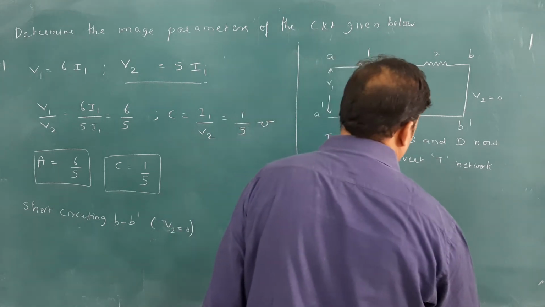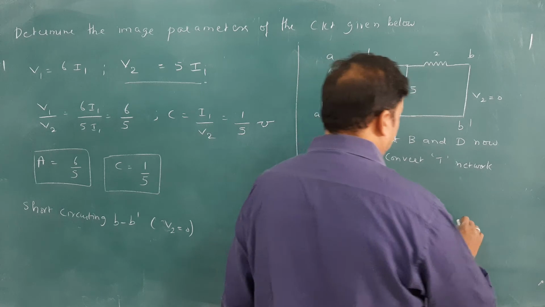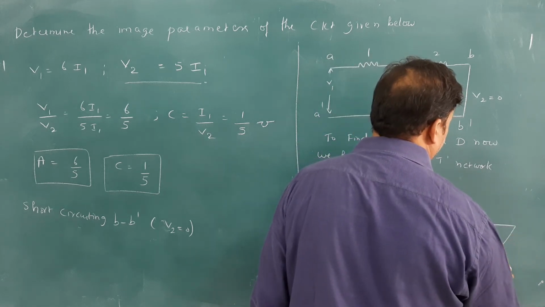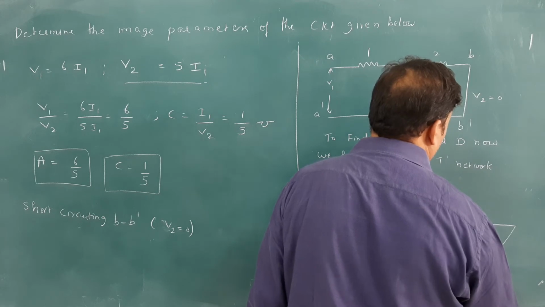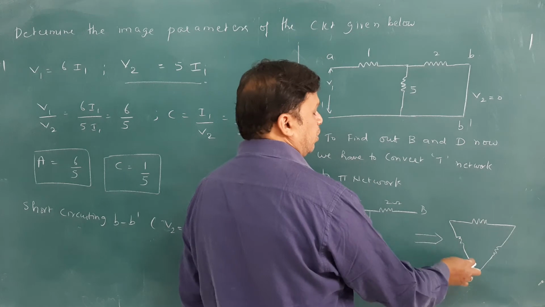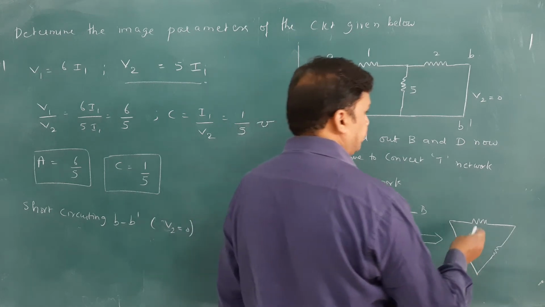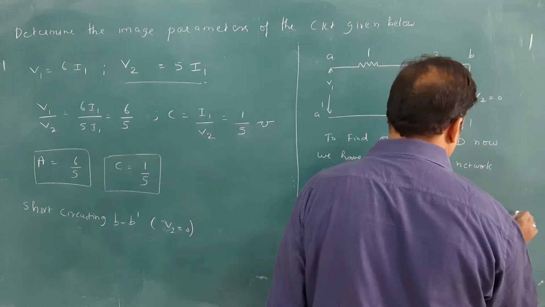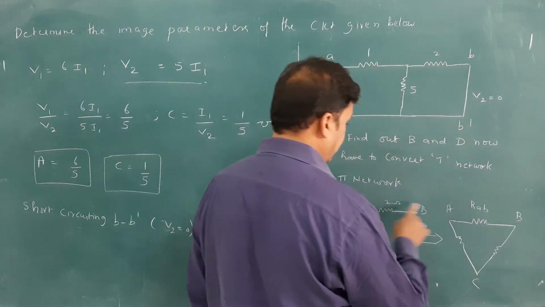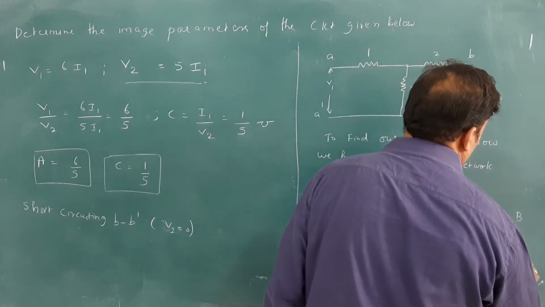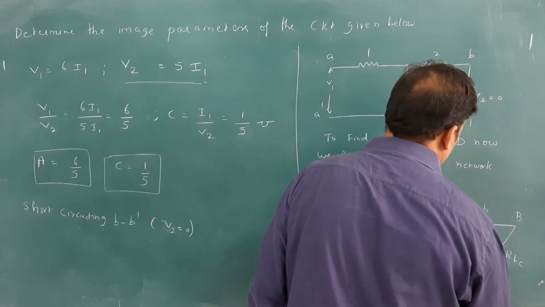This can be transformed to a pi network or delta network, both are the same, pi and delta. We can write here RAB, RBC and RAC. This is A, this is B, this is C. Nothing changes here, ABC will be the same.